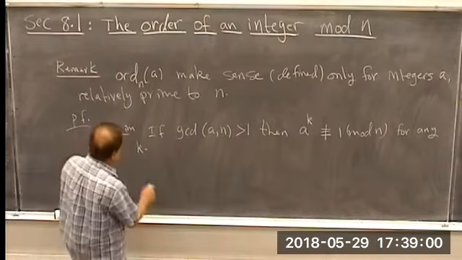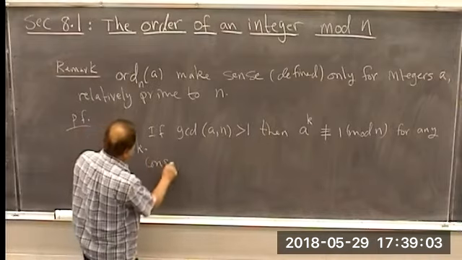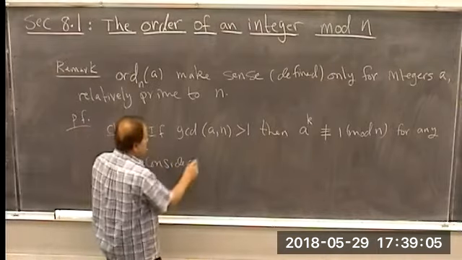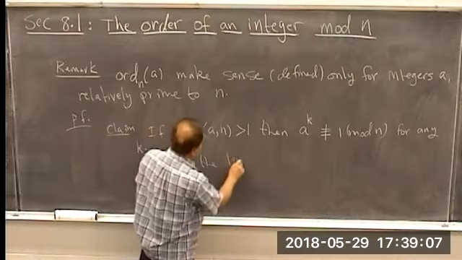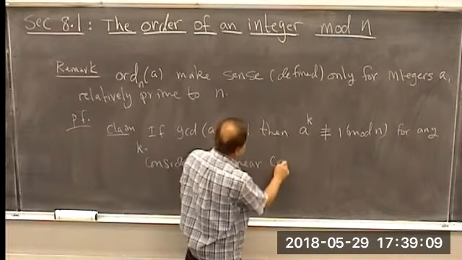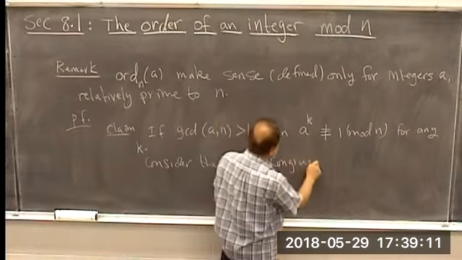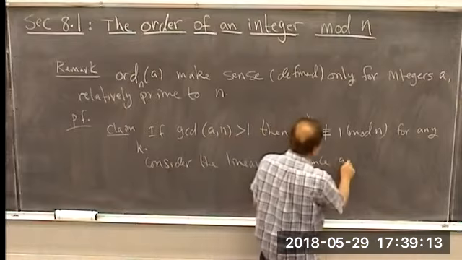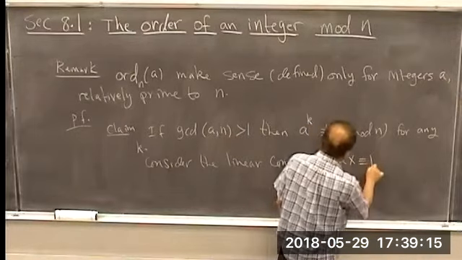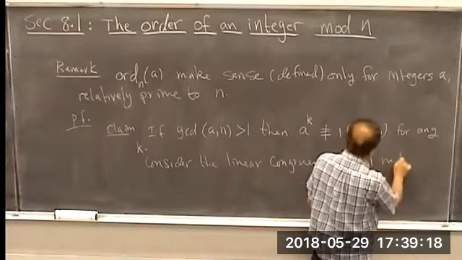To prove that, we can consider the linear congruence ax congruent to 1 mod n.